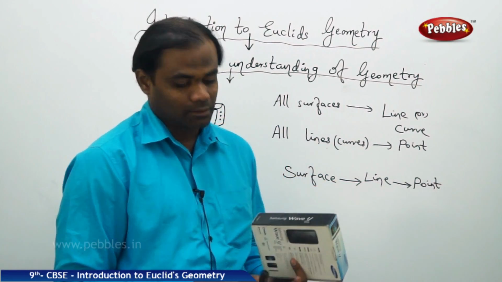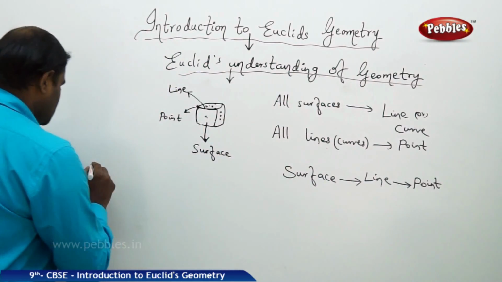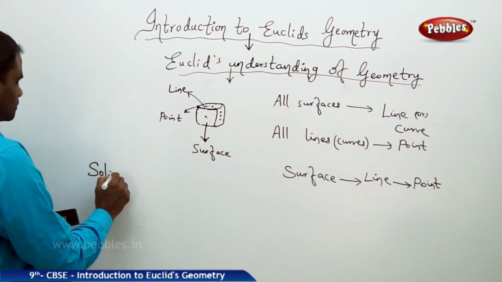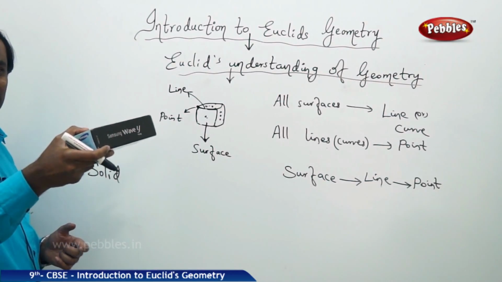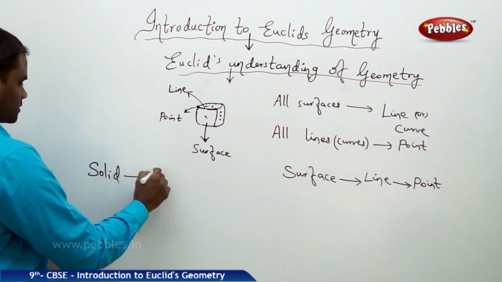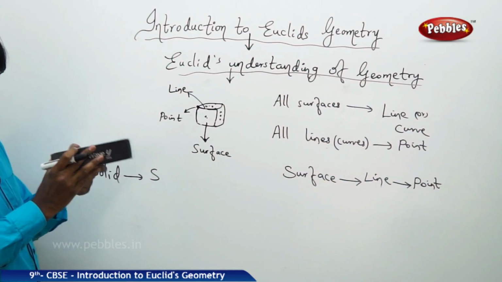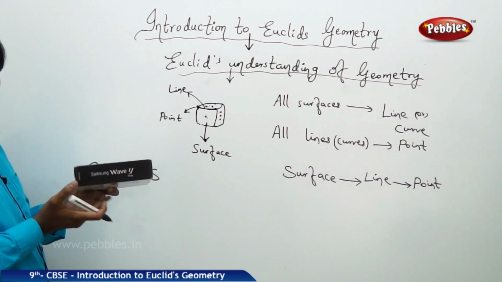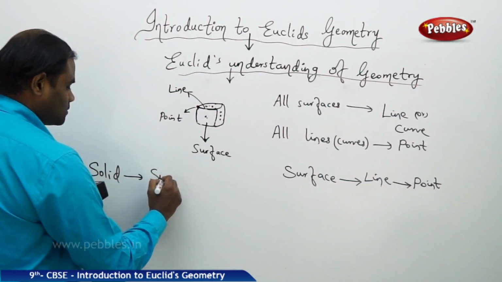So basically, the transition goes like this: a solid, or the object itself, in this case a box, makes the surface. The box is the initial making which makes each of the 6 surfaces.